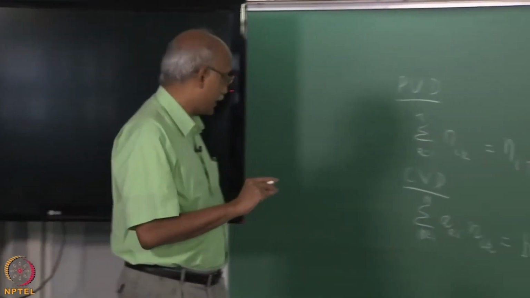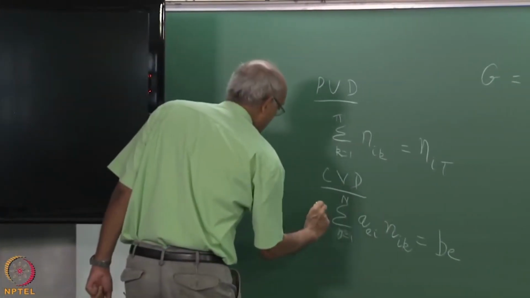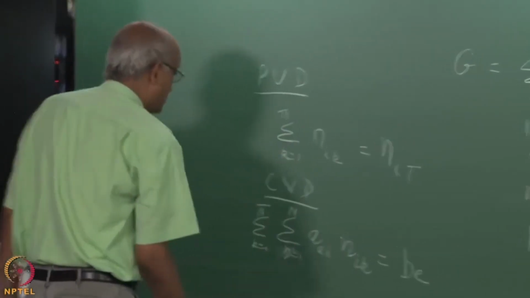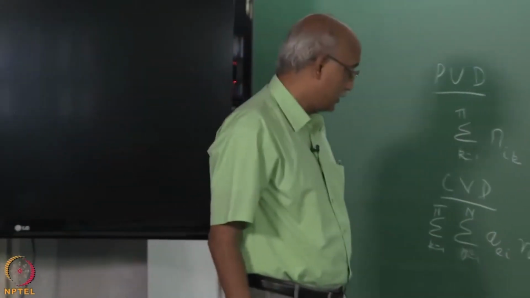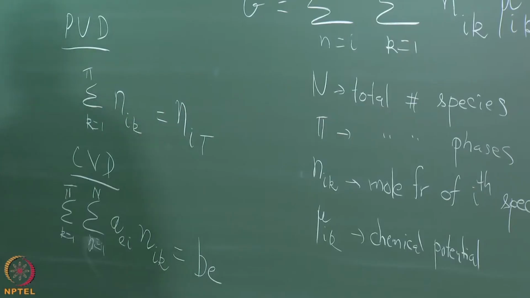So, when you sum that over all, and by the way this summation should also be over all phases, k equals 1 to pi, summation n equals 1 to N, and this is the total amount of that element that was fed into the system, right.